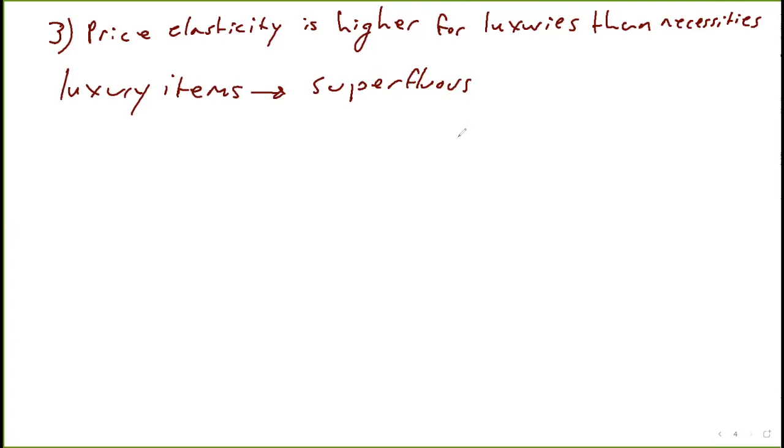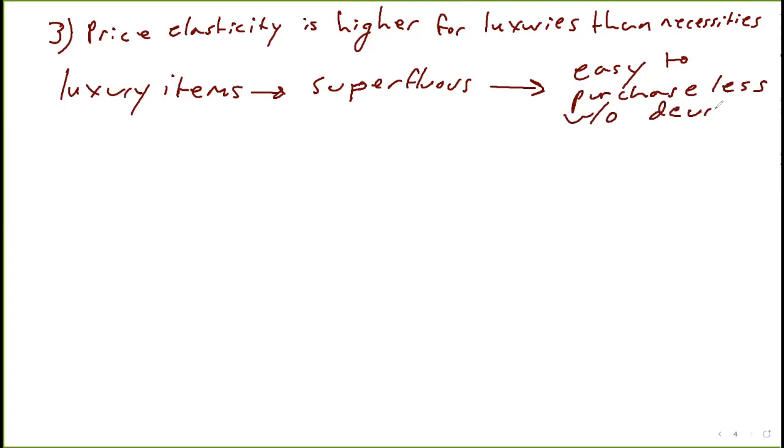And so if the price increases, it's pretty easy to just purchase less of them without much consequence to your standard of living. We'll say that it's easy to purchase less without decrease in standard of living.